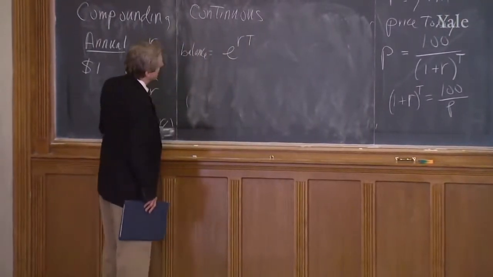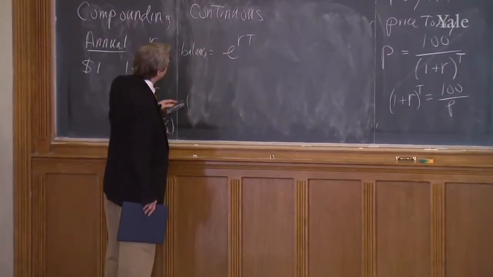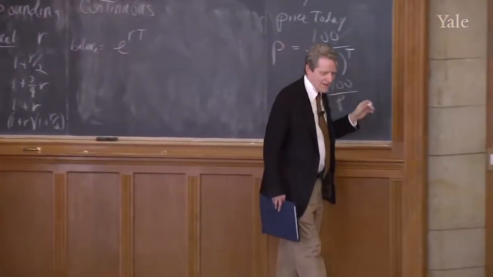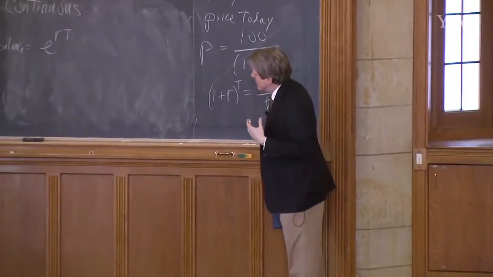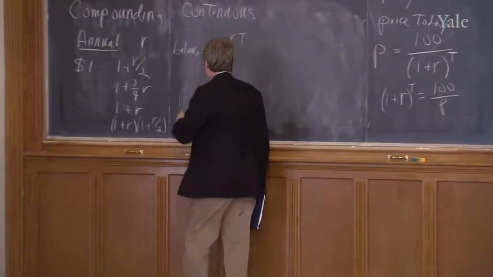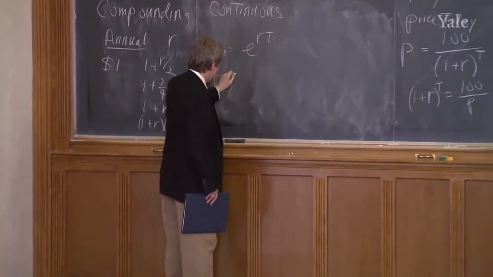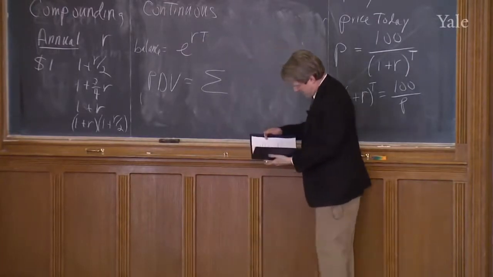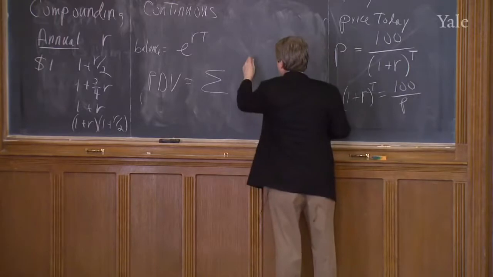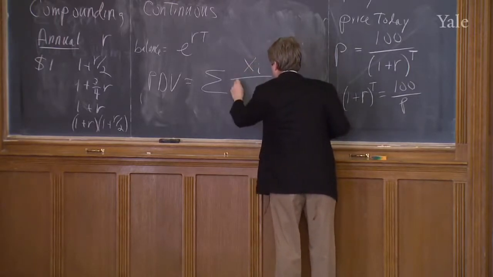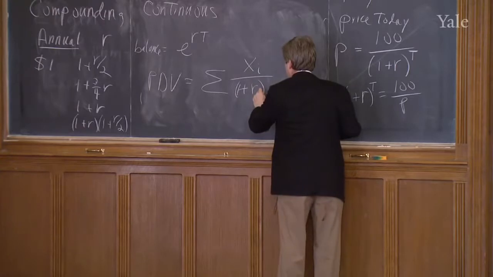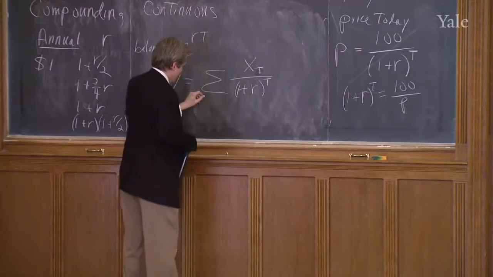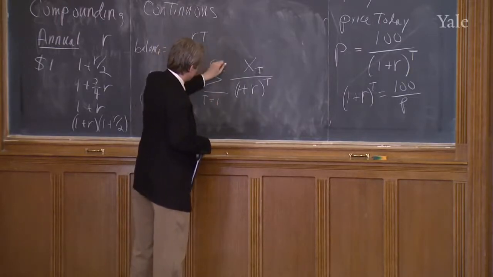But if I have a sequence of payments coming in, the present discounted value of the sequence, and suppose they come in once a year, then it would be natural to use annual compounding, and then the present discounted value, PDV, is the summation of the payments, X sub T all over 1 plus R to the T, from T equals 1 to infinity.